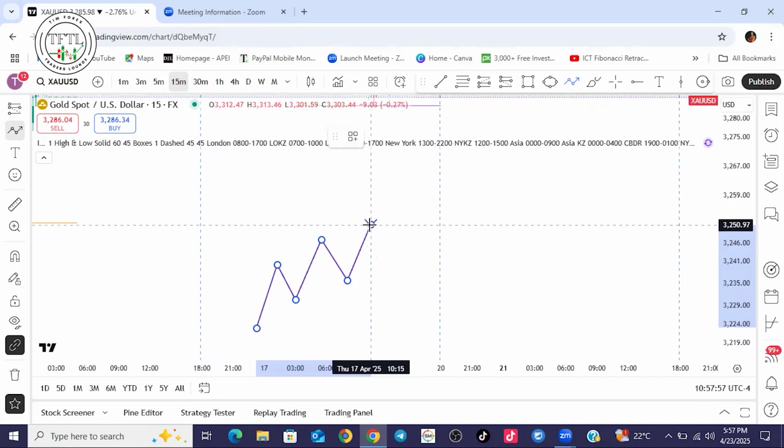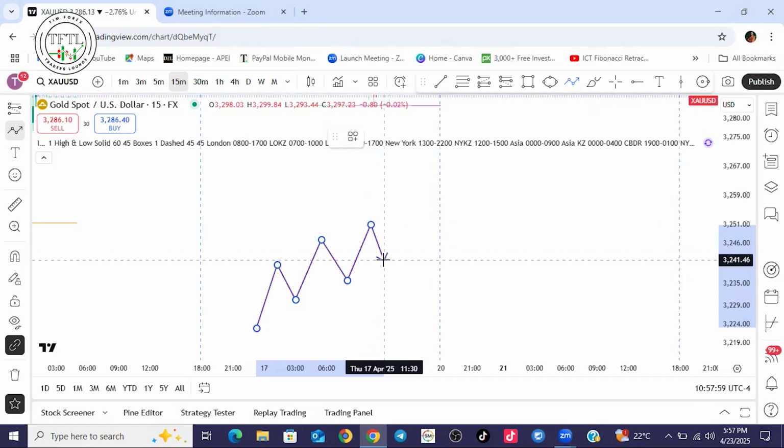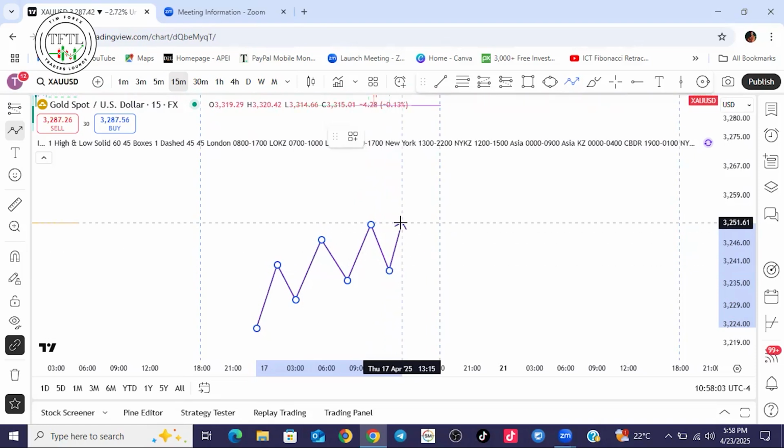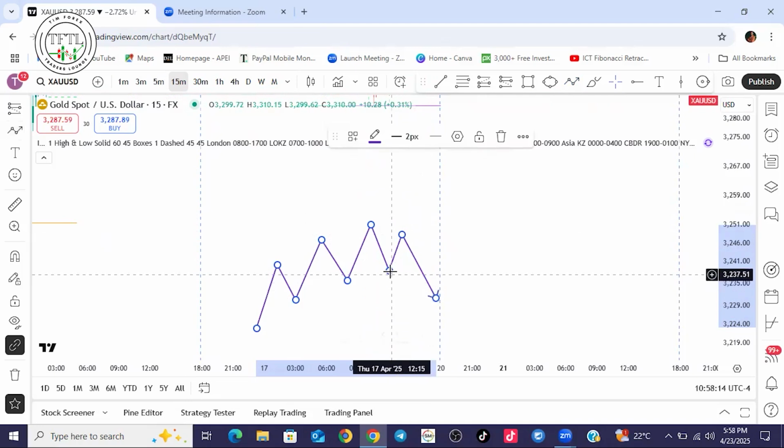All right, so once the price is in this kind of a market structure in an uptrend, but now you see the price failing to do what? Once the price pushes up again, it fails to break above this zone to create another higher high, and then it breaks below this low point here. All right.